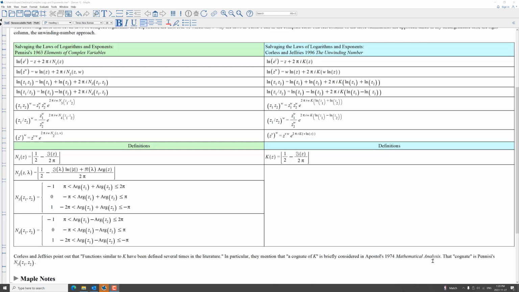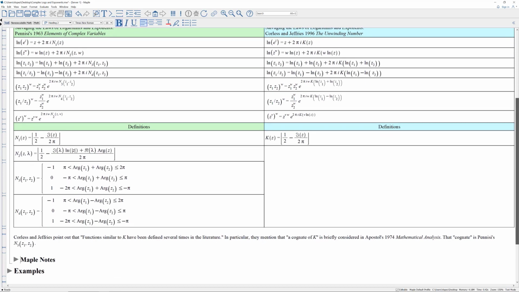So in this 1974 text in mathematical analysis, the cognate of k happens to be N3. So I think that this tableau on the right is far simpler because it only involves one function, and all you have to remember is what is the argument of that function for the various laws.